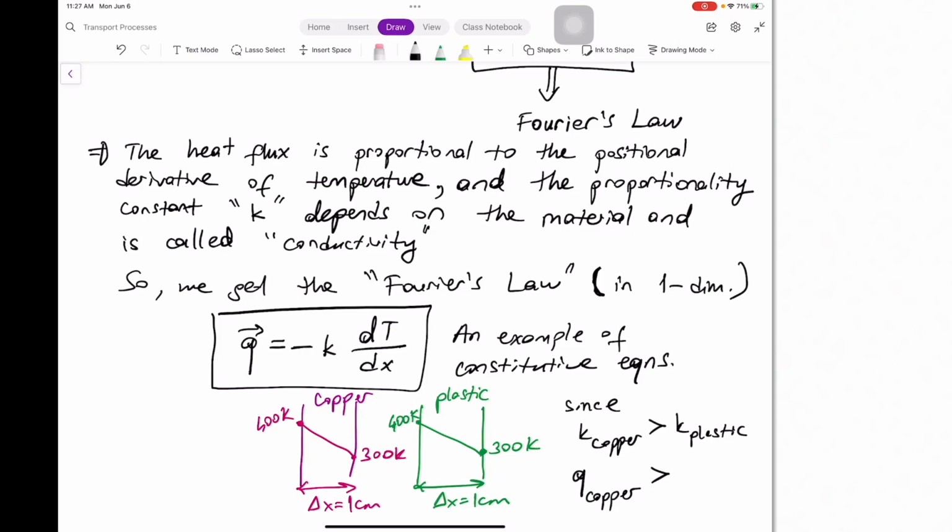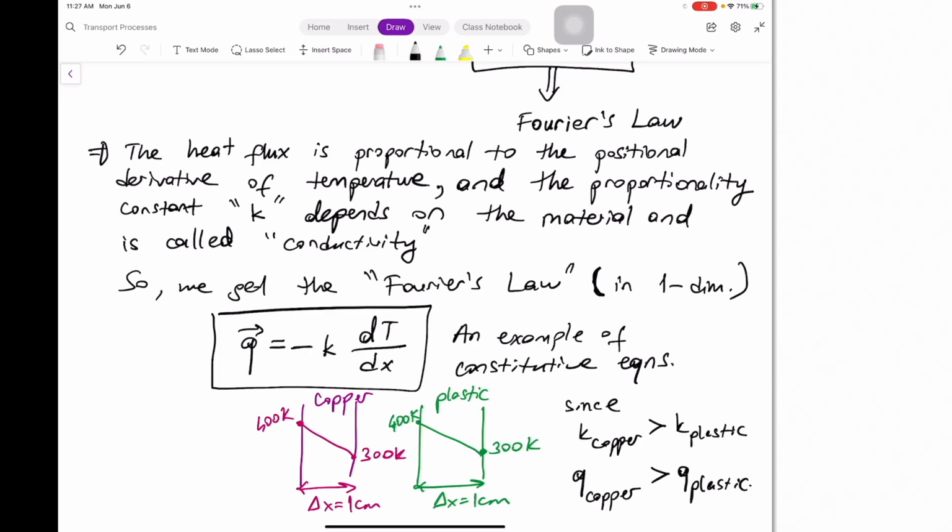Forget about the minus sign for a moment. The magnitude of the q copper should be larger than the magnitude of the heat flux within the plastic. Okay, so you can have larger heat transfer from the copper.